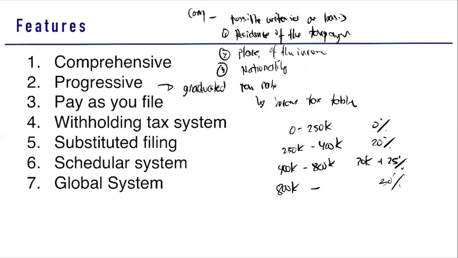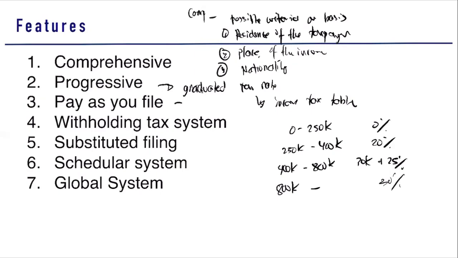So we base it on the range of income. So if the range of your taxable income is 0 to 250,000, you are not taxed. 250,000 to 400,000, you are taxed at 20%. Okay, progressive.